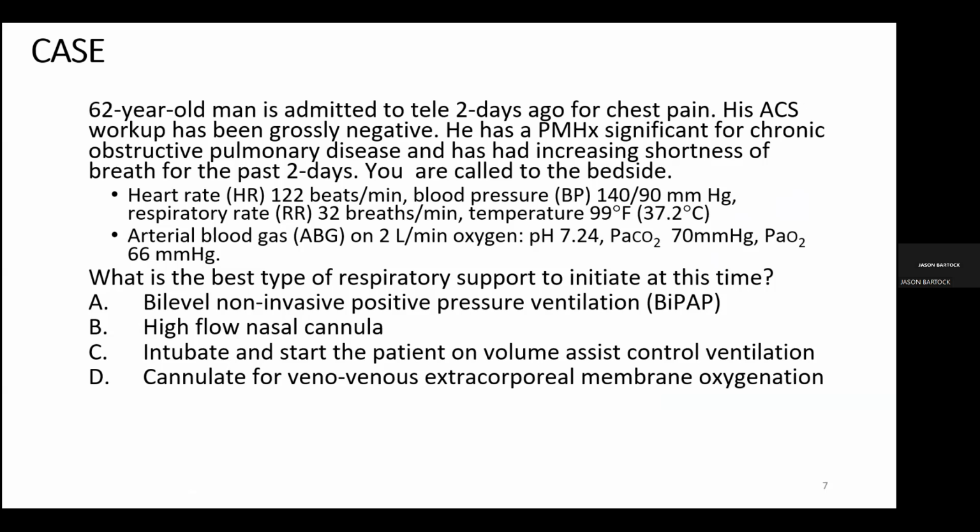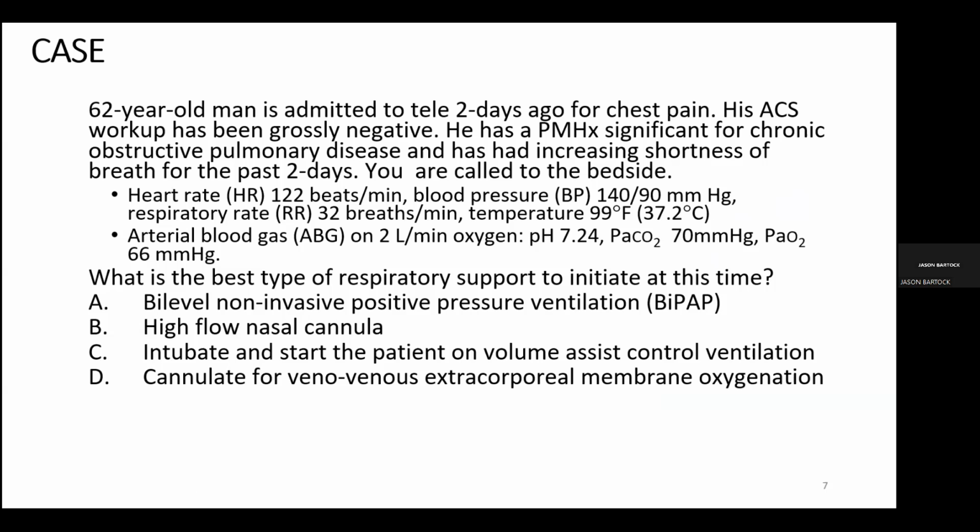Now he appears to be in significant distress with a very high respiratory rate and failing gas exchange, right? So you see that based off of his blood gas, he is acidemic with an elevated PCO2. So what's the next best type of respiratory support to initiate for your patient?